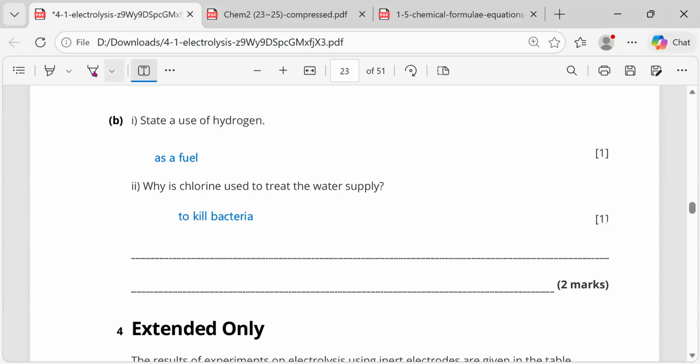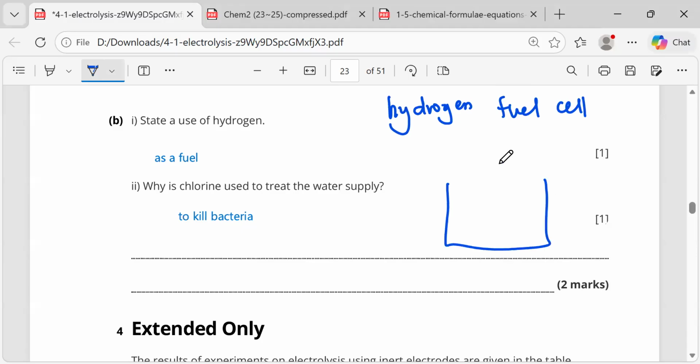A hydrogen fuel cell is like this. Can you write this down? Hydrogen fuel cell. Here you put hydrogen, here you put oxygen. You force it to react and electricity is produced.